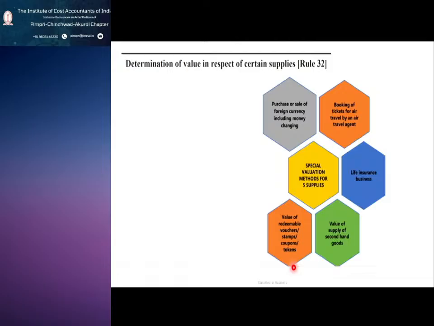If you know the items and are able to identify them, then in that case your time of supply is the date of the coupon.